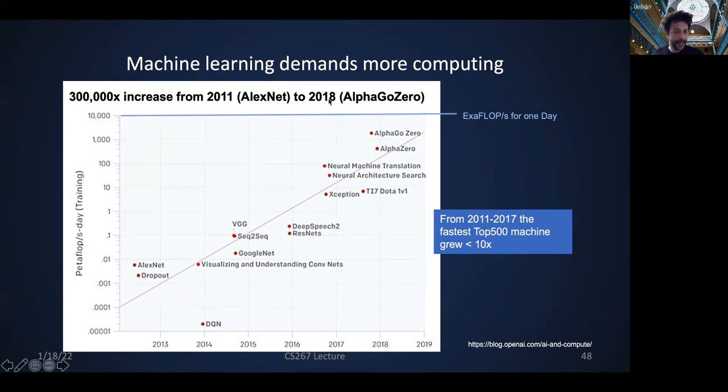And over those 7 years, the compute need of these models has increased by a whopping 300,000x. To compare that with what the fastest machine in the Top 500 did, its performance only increased by less than 10x. So what does it say? It means in order to keep up with the increased computational demands of deep learning and machine learning in general, we might be building more and more powerful computers in the future.